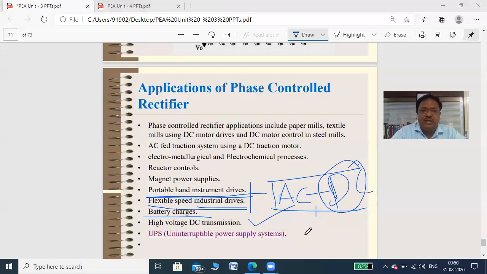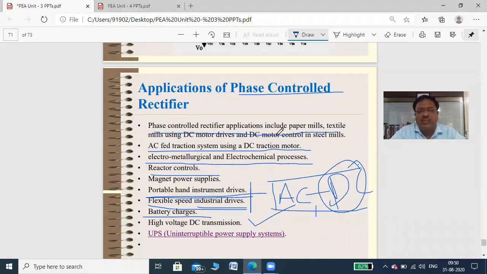So that is accomplished with the help of phase controlled rectifiers. Then reactor controls, electrometallurgical and electrochemical processes, AC feed traction using DC traction motors, and all other phase controlled rectifier applications include paper mills, textile mills using DC drives, and DC motor control in steel mills.